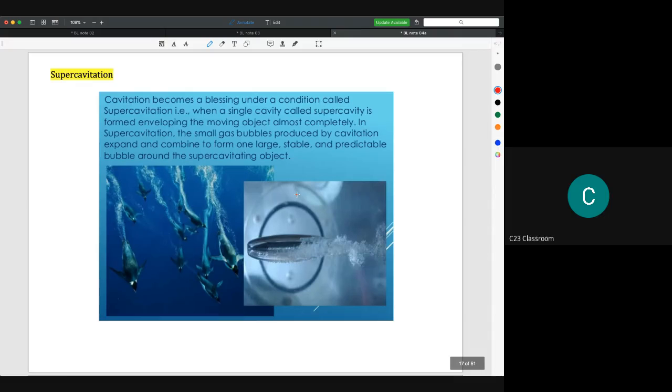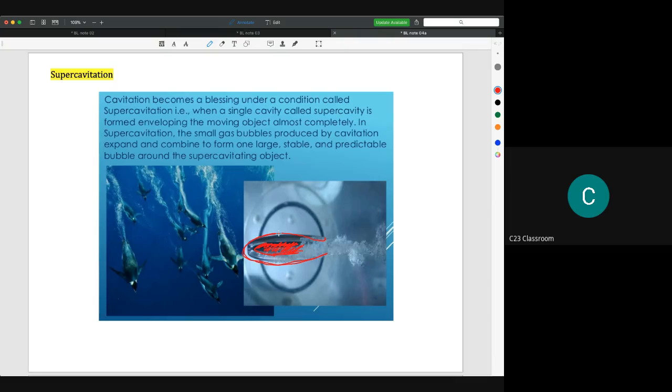And this is the supercavitation. The idea is when you have an object here, for example a bullet, moving at higher velocity, suddenly you will find that a bubble is around the object like this.